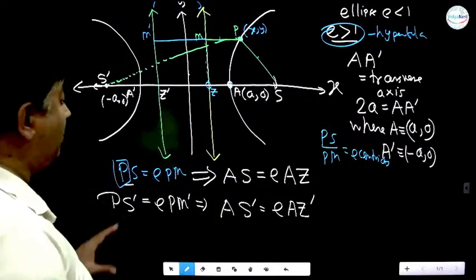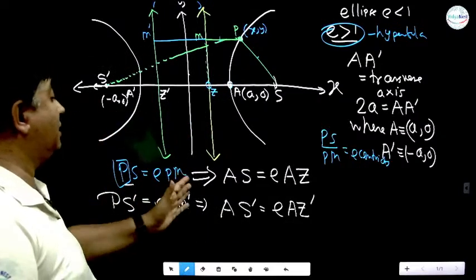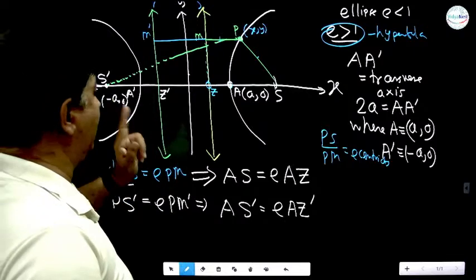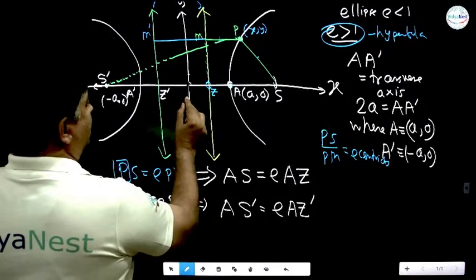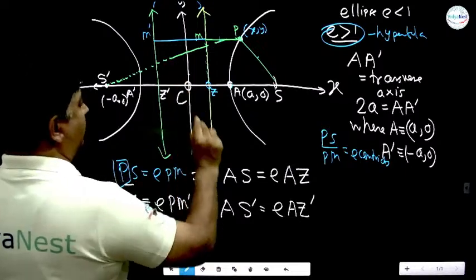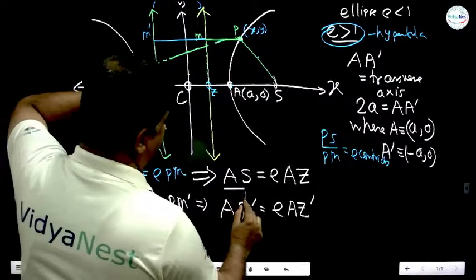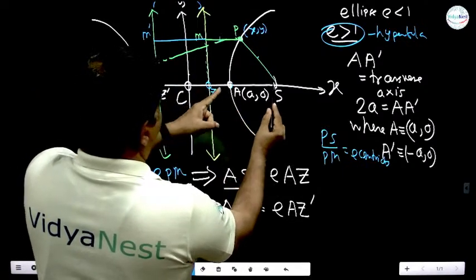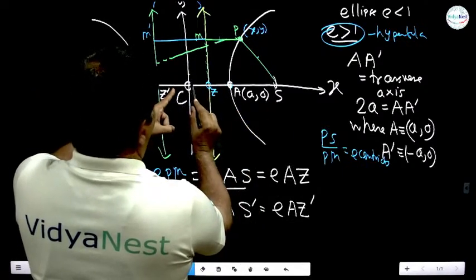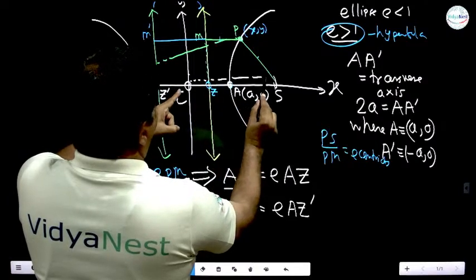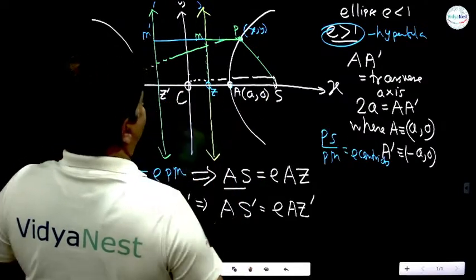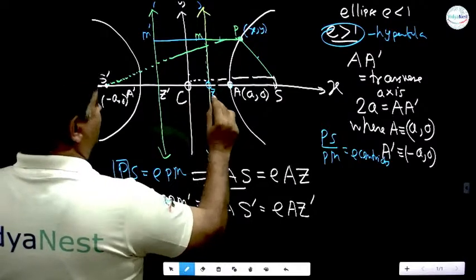Now, what will be the privilege of doing this? You observe this is called center C. I am denoting it by C. Now, AS means CS minus CA.